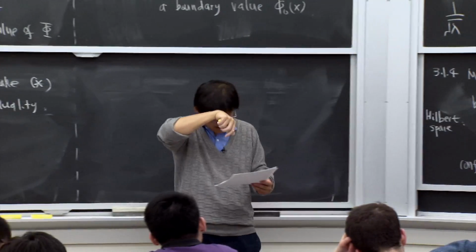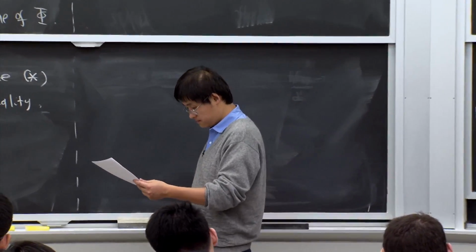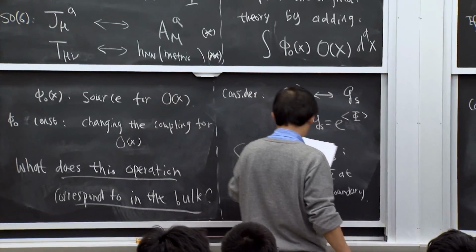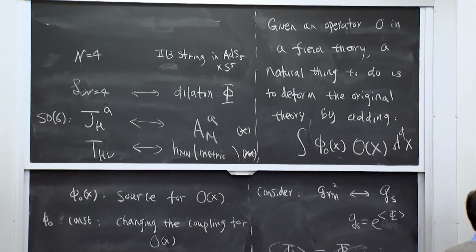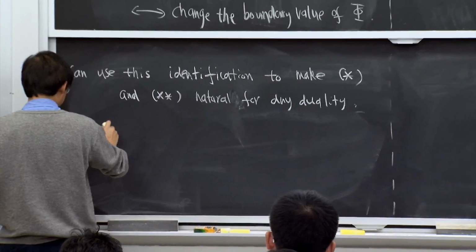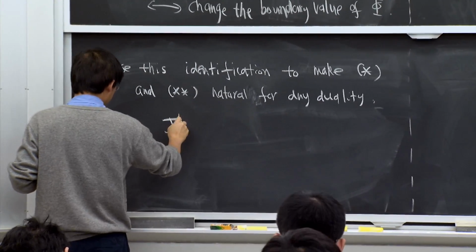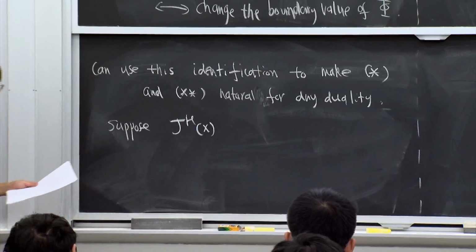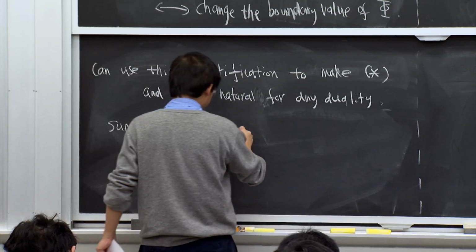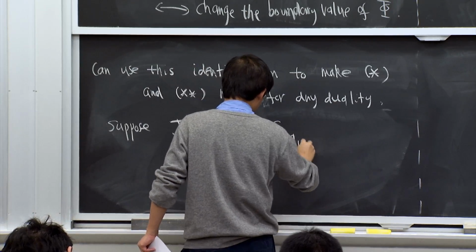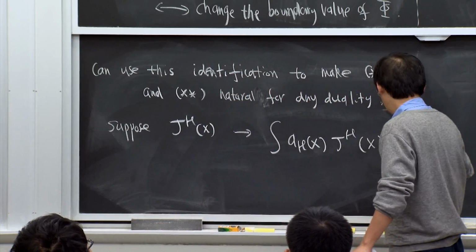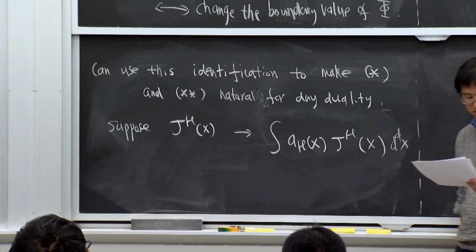Okay? So first, let's consider this. Suppose I have a conserved current J, J mu. Say for simplicity, let me just take it to be U(1). Then I can deform the boundary theory by adding a source for this J mu, by adding to the boundary Lagrangian a term like this, where A mu is a source.